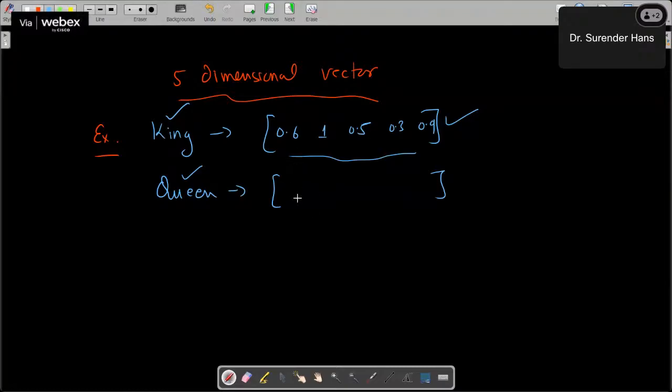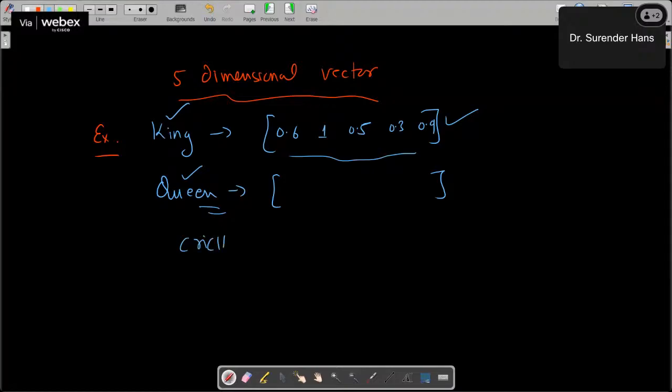In this space, the vector of king and the vector of queen will be very similar and around the same place.